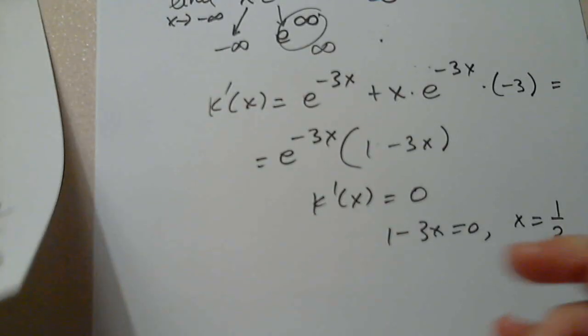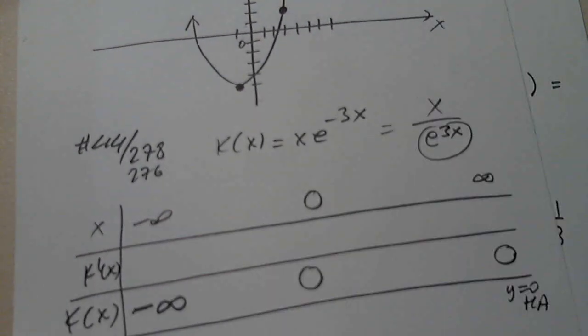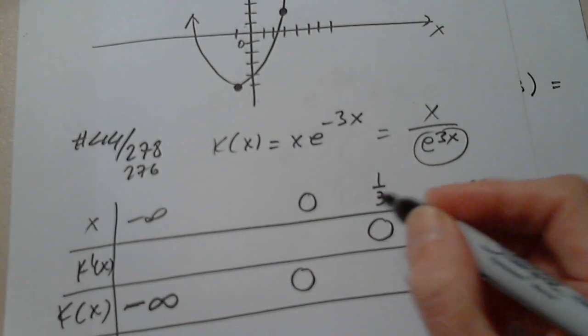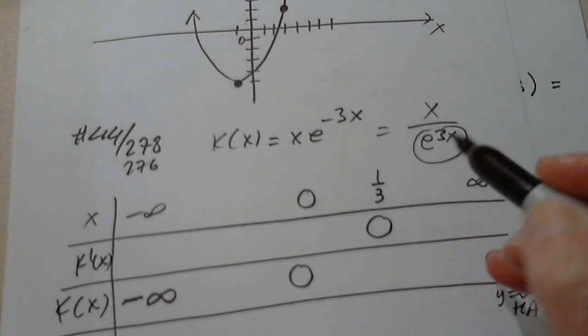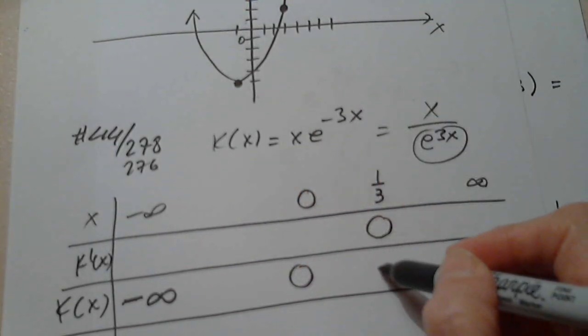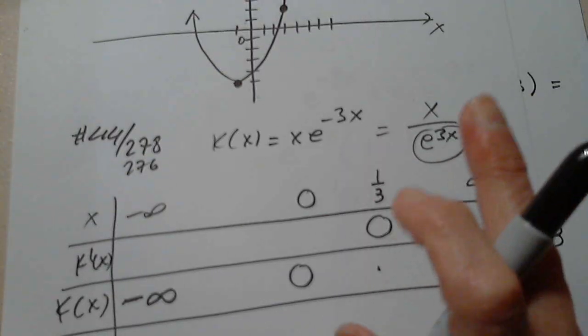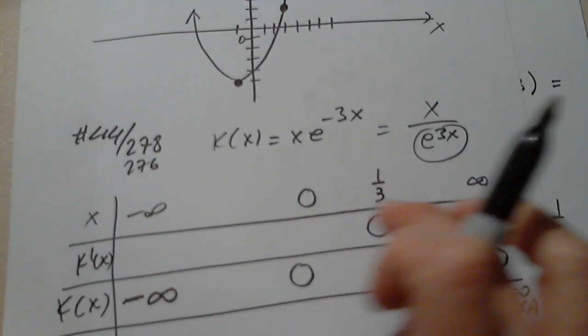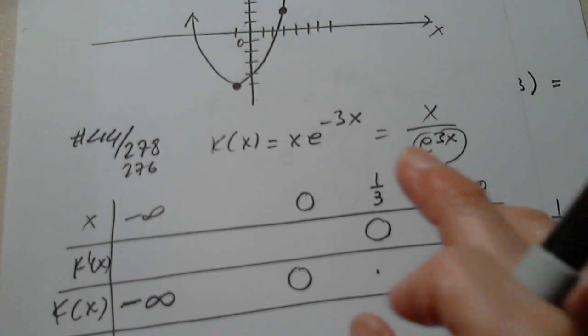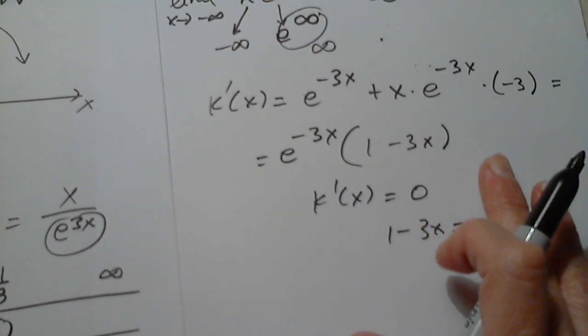Aha, I see it now. So when x is 1/3, the function has a critical number. I have to plug in 1/3 with a calculator and see what is the y value. But for now, I need to study the sign, left and right, of this derivative.